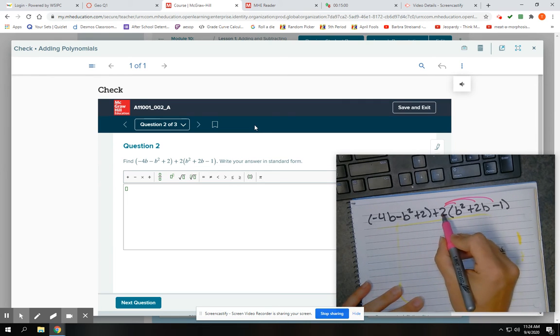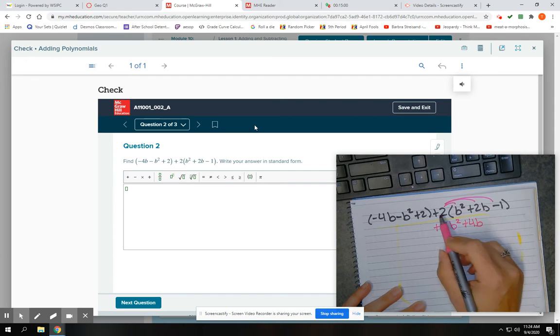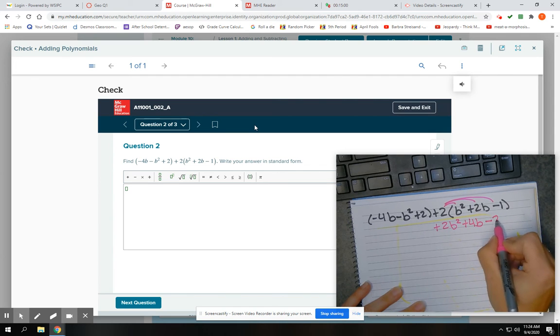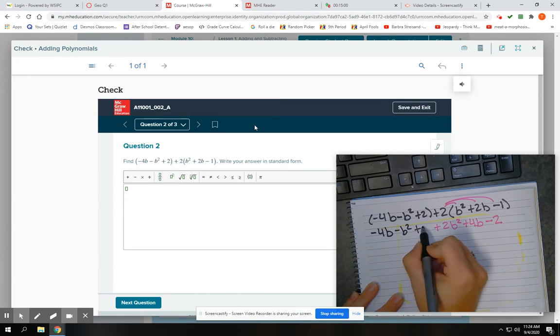Okay, so 2 times b squared is 2b squared. 2 times 2b is 4b. And 2 times negative 1 is negative 2. And this part over here, negative 4b minus b squared plus 2, stays the same.